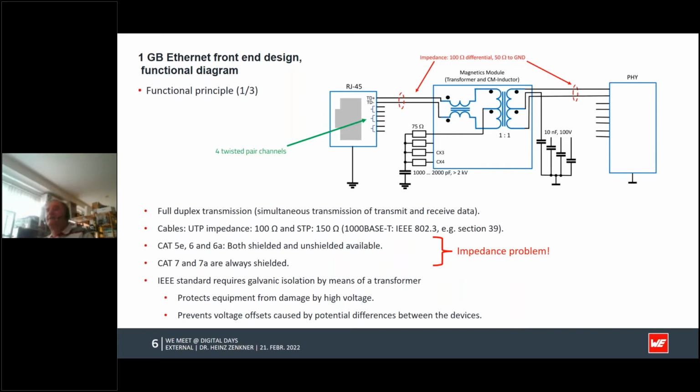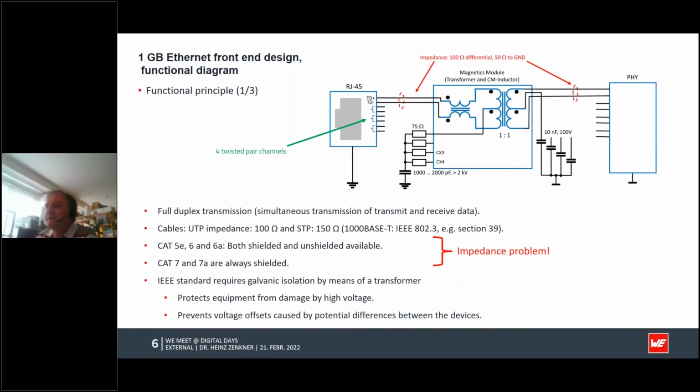And the 7 and 7A are always shielded, which means shielded is 150 ohms. So there will be an impedance problem already because of the configuration of the, as I mentioned, 23-year-old definition of the standard already.